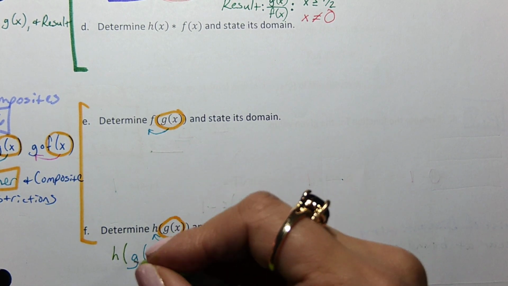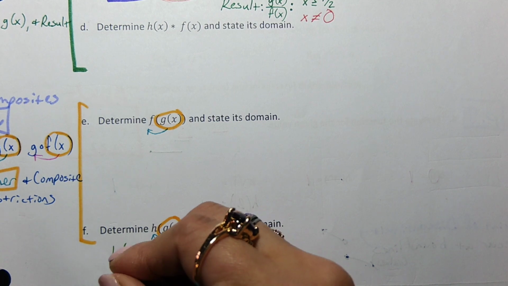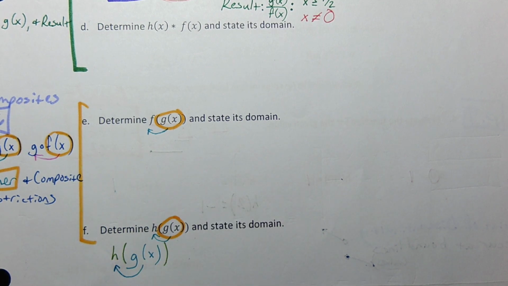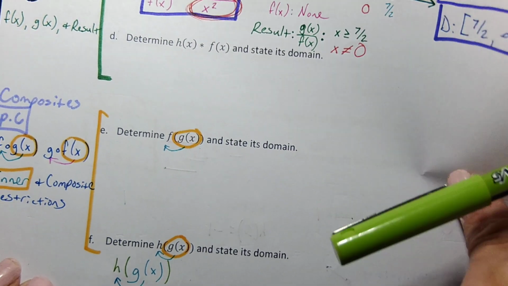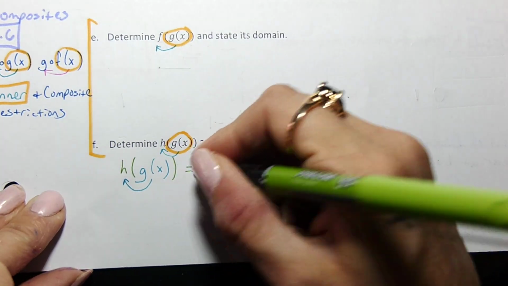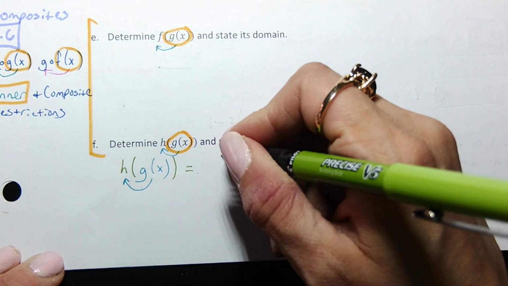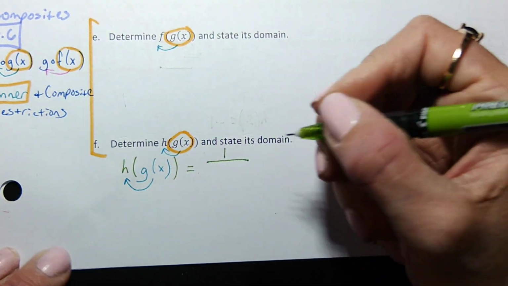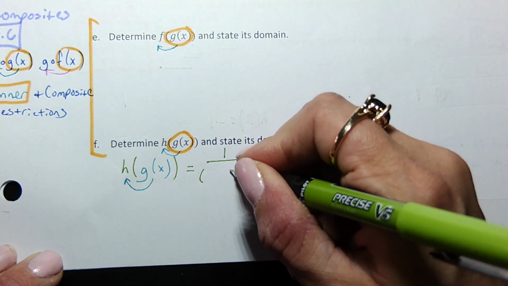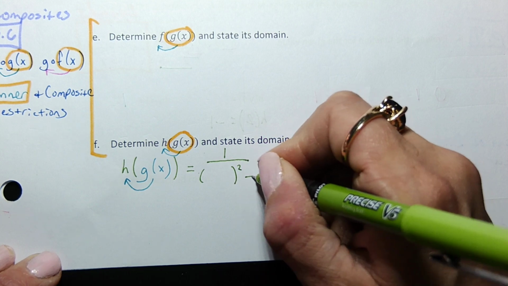So this means I'm going to plug the g function into the shell of the h function. So my h function is 1 over x squared minus 9. The shell of the h function is 1 over an input squared minus 9.